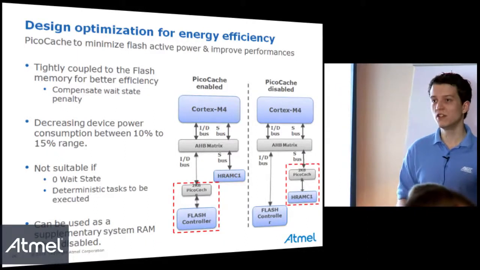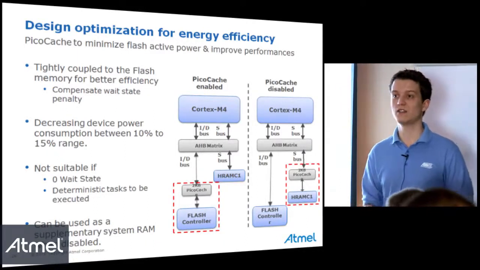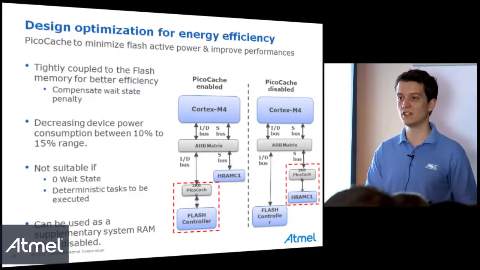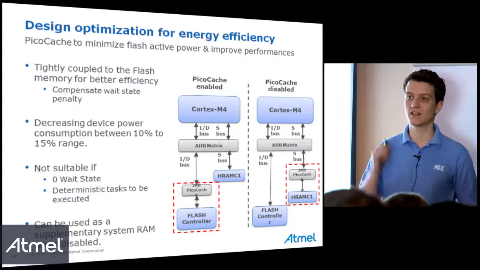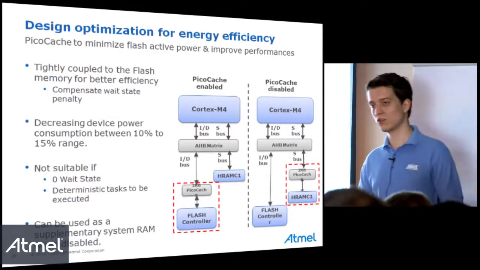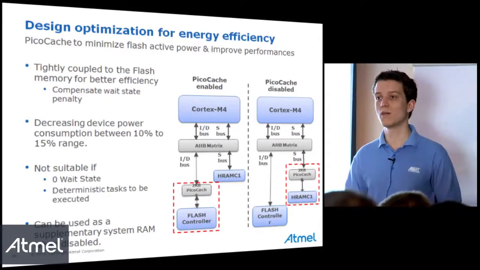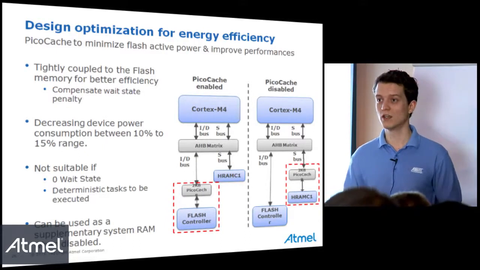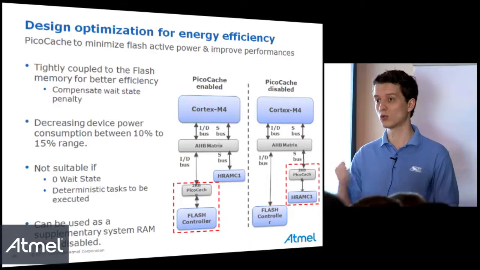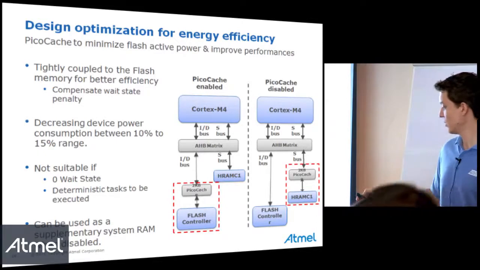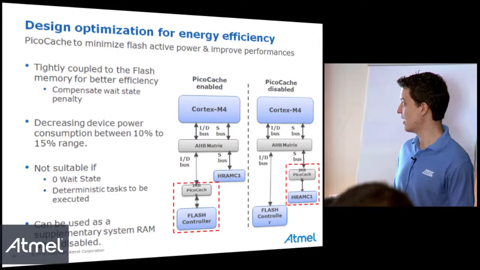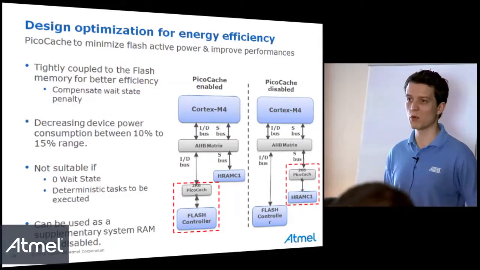The main interest here is that as the cache is made of SRAM technology, it will not require any wait state, so the core can access it at full speed. Also, SRAM technology does not require the same amount of power to read data. So you will also gain in power consumption, because each time you access the cache instead of the flash, you reduce the power consumption.